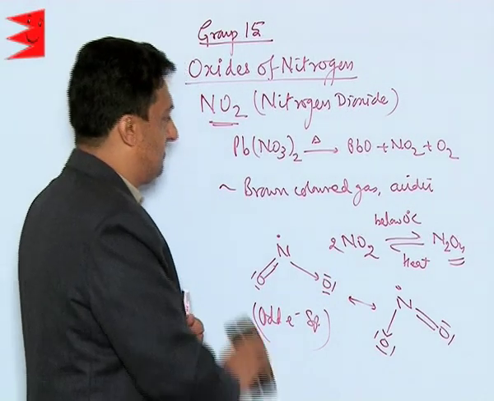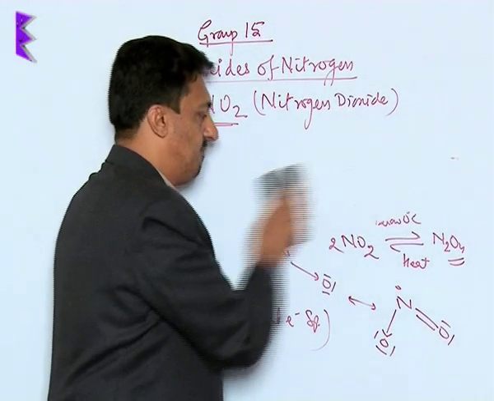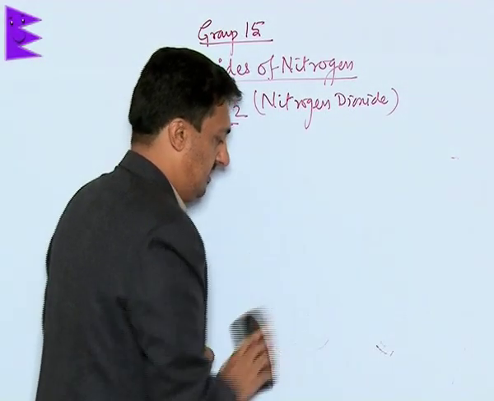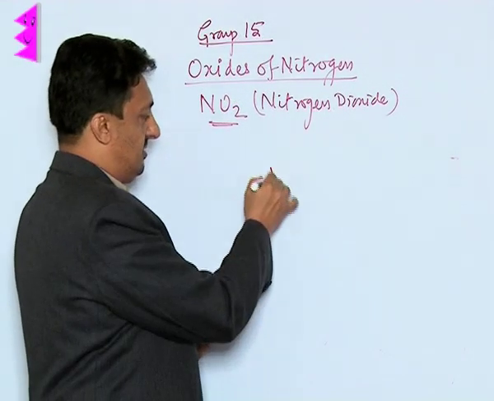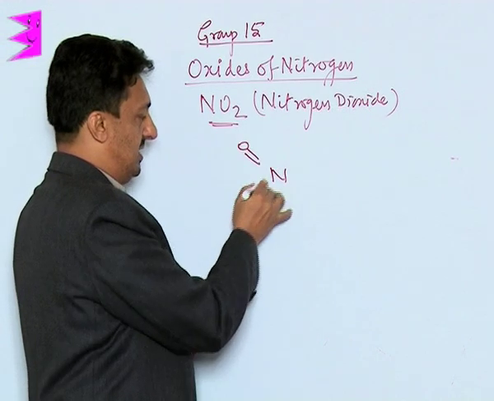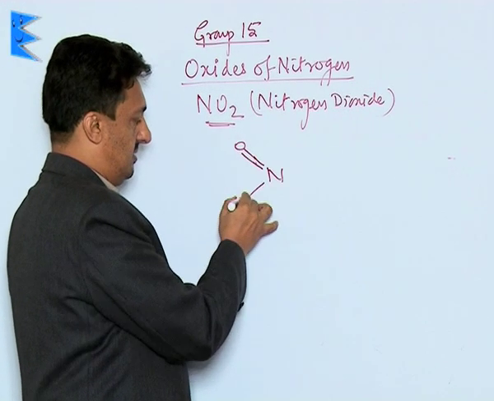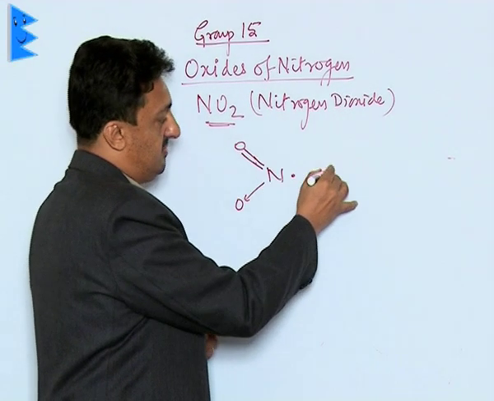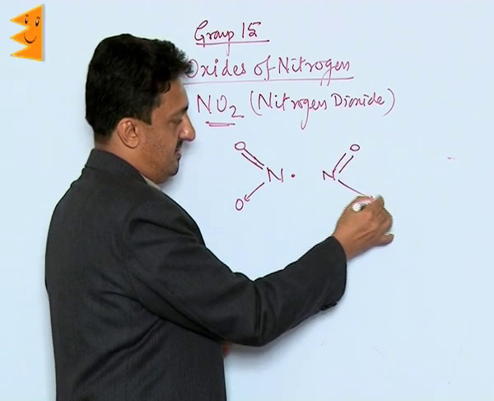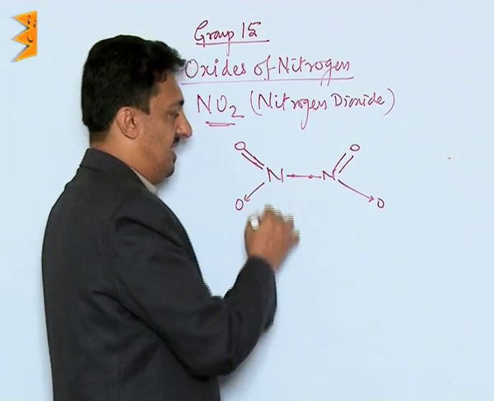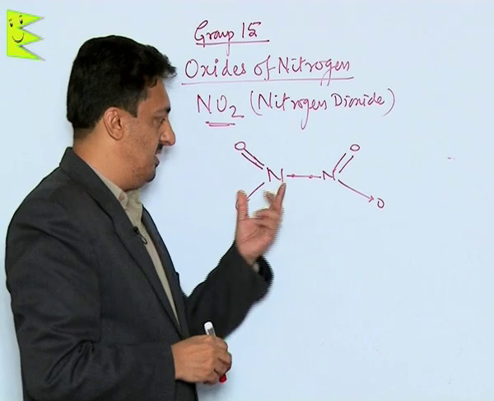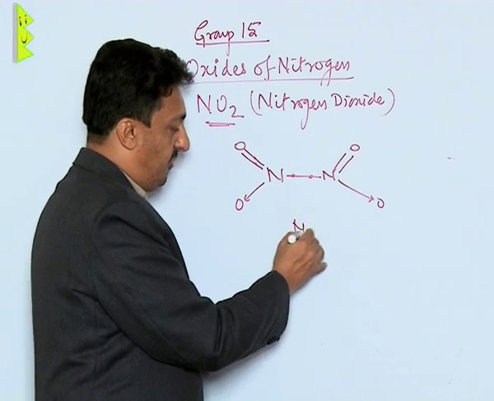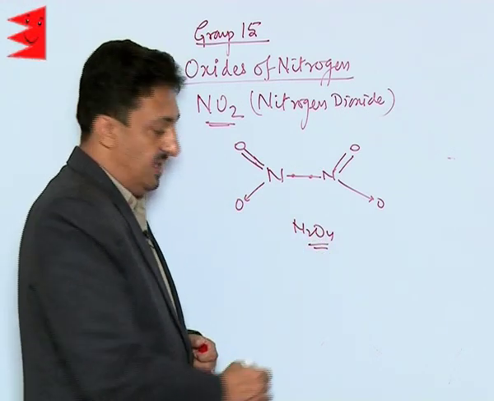Now let us see what happens below 0 degrees Celsius. Below 0 degrees Celsius, two of the nitrogen dioxide molecules, with these odd electrons, combine with each other and form a bond. So this becomes your N2O4, dinitrogen tetroxide.